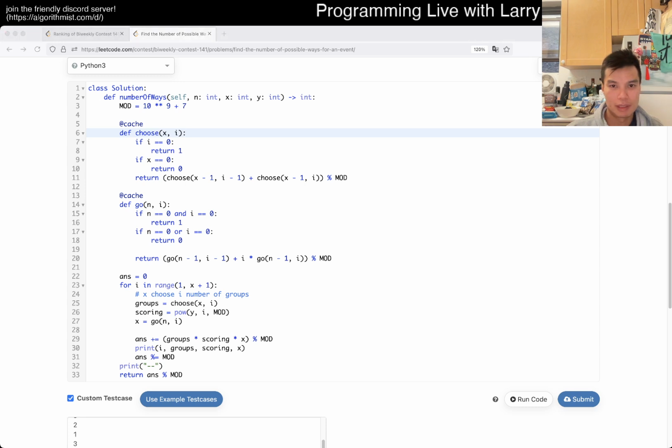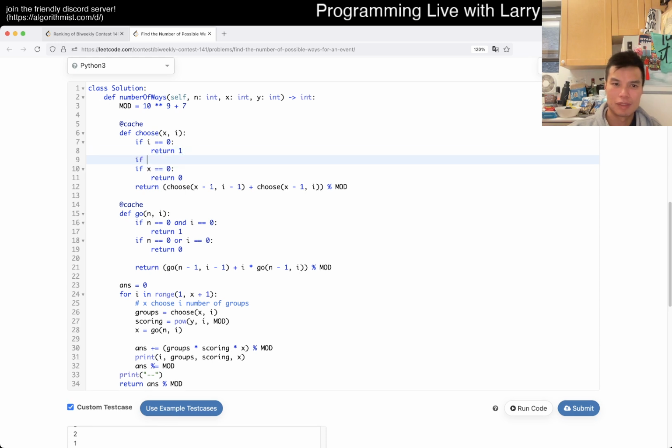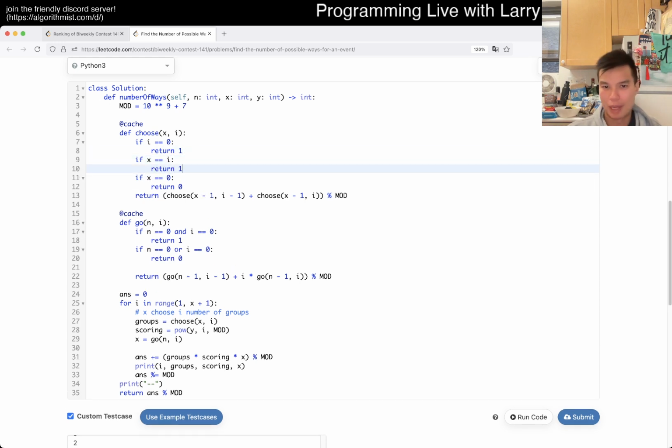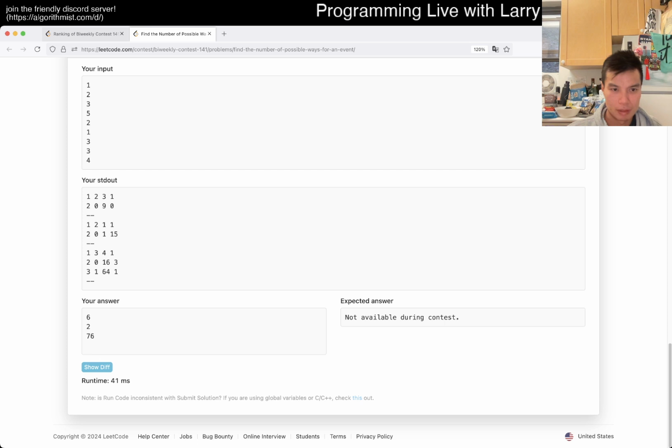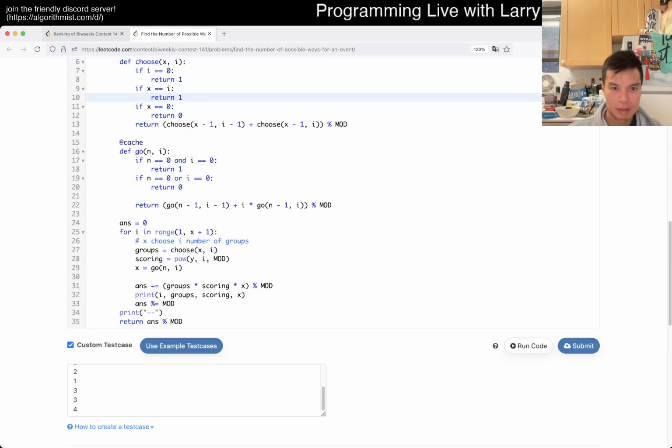What are the base cases? I'm just like being bad. 2 choose 2, right?